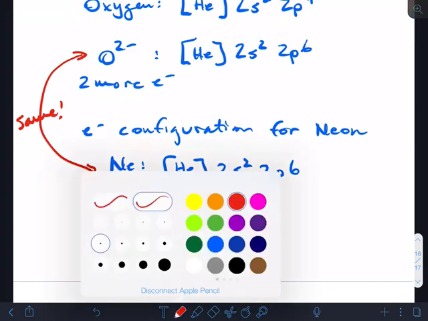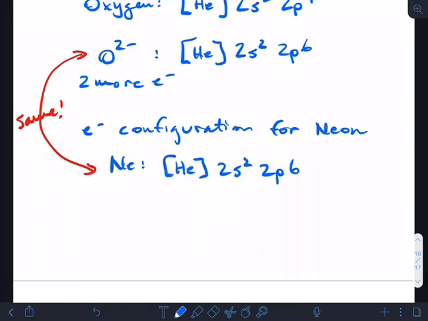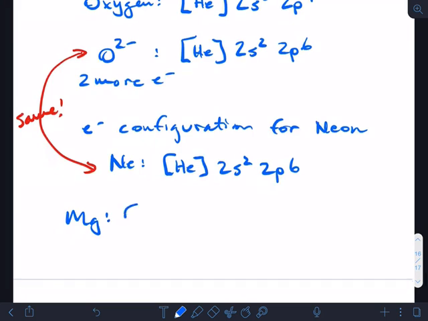Okay? I can do the same thing with, let's say, magnesium 2+. Right? So if I take, well, let's start with just magnesium. Okay?